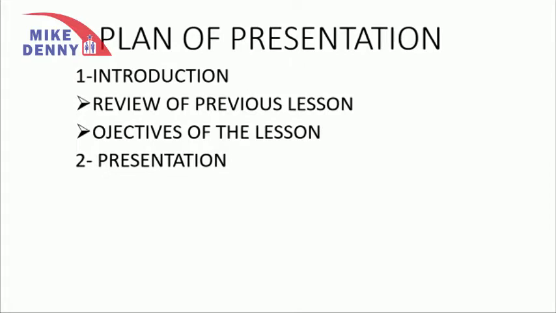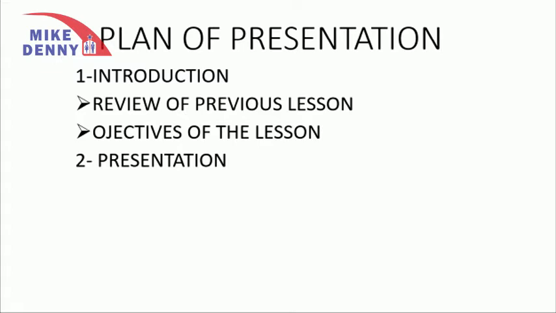So, we are going to start with our introduction, where we are going to review our previous lesson. We have our objectives already in place, but I will still come back to the objectives.